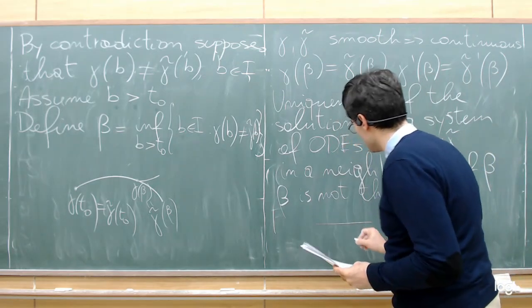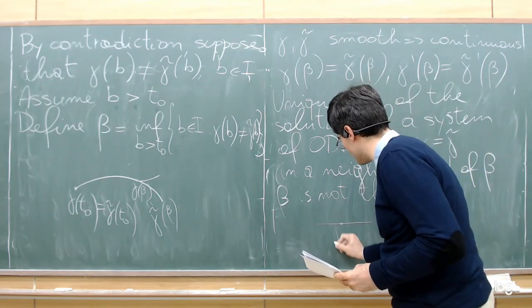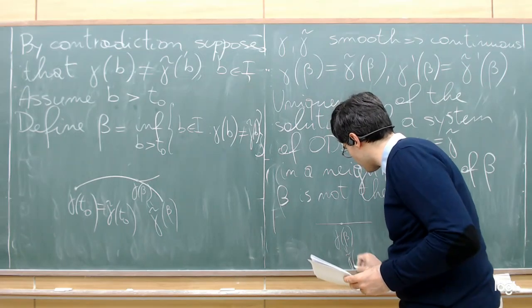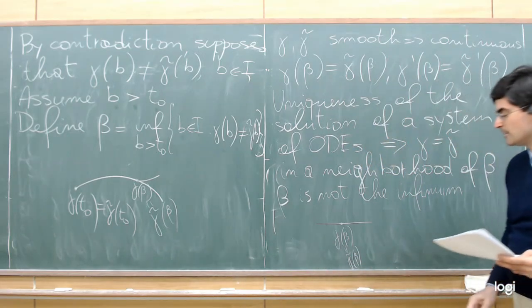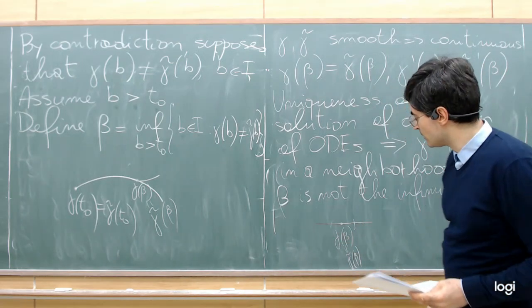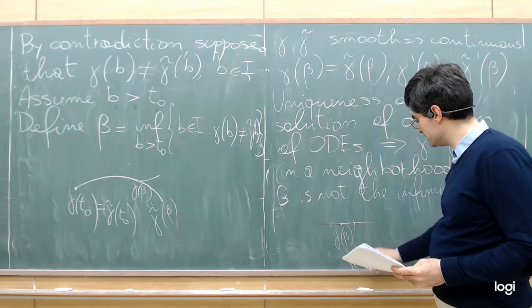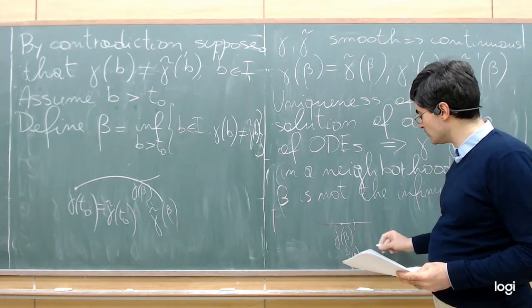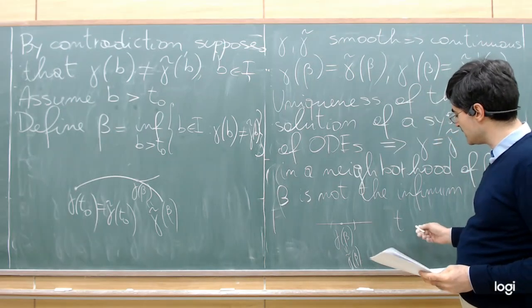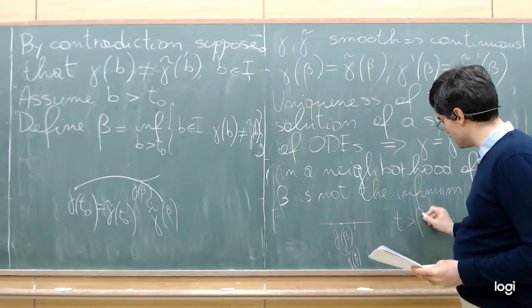because what we are saying here is that if this is gamma(beta), which coincides with gamma tilde, I'm saying that gamma and gamma tilde coincide for values of t larger than beta.